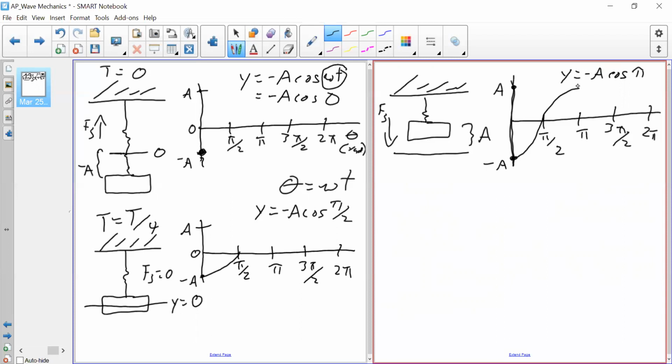And then you can see the pattern. So here y equals negative A times -1 at pi. This is t equals T over 2.